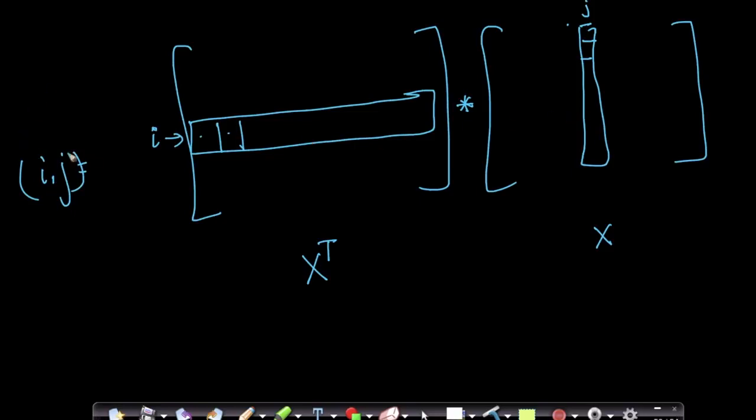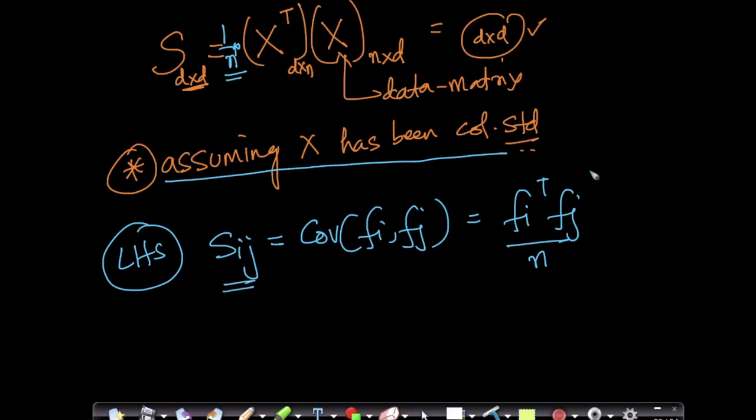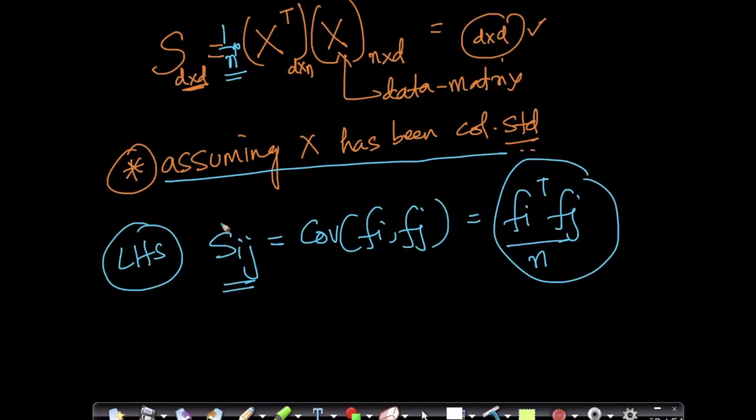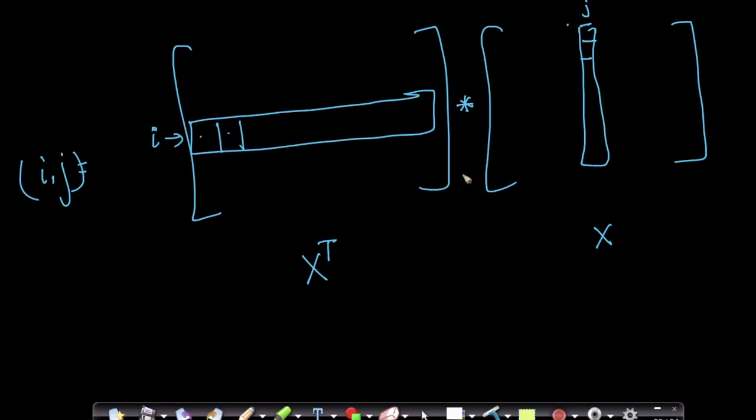On the LHS, we know that Sij is nothing but Fi transpose Fj by n. Let's look at our RHS. I need to prove that the ijth element of this multiplication is nothing but Fi transpose Fj. I know that the jth column in X is nothing but Fj.